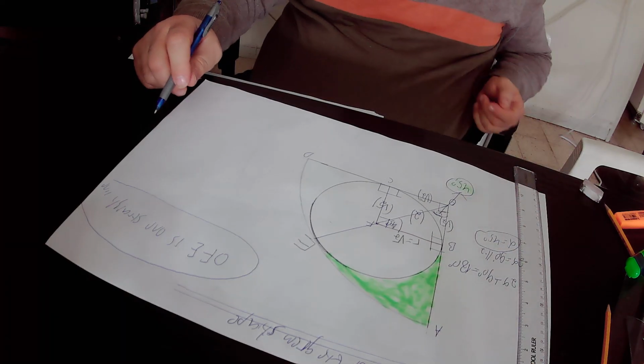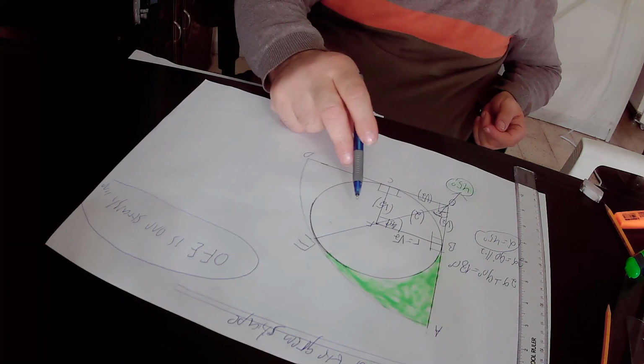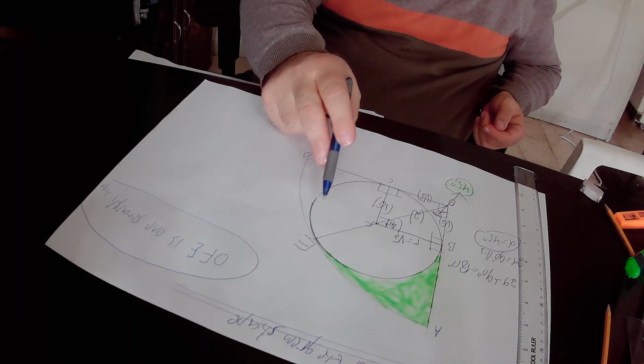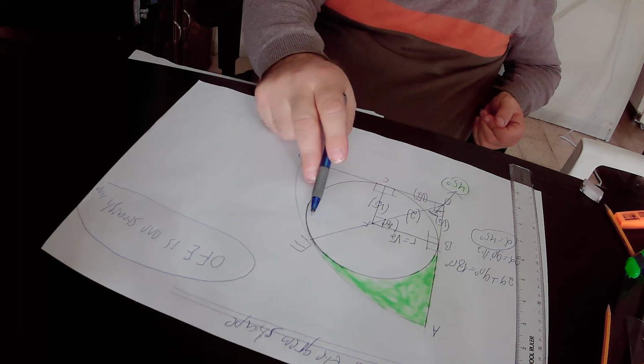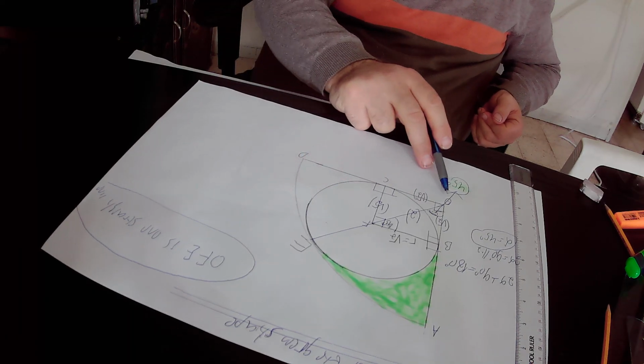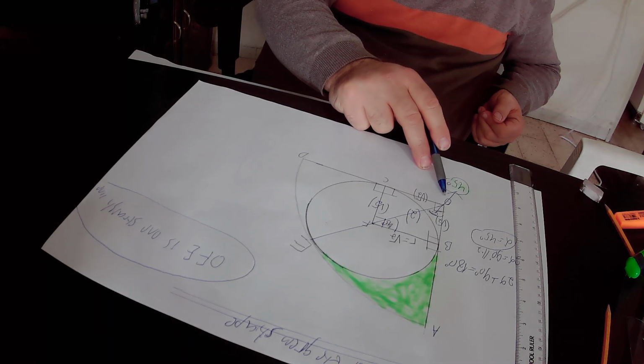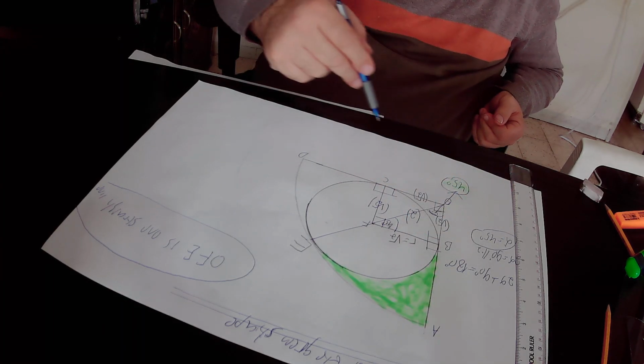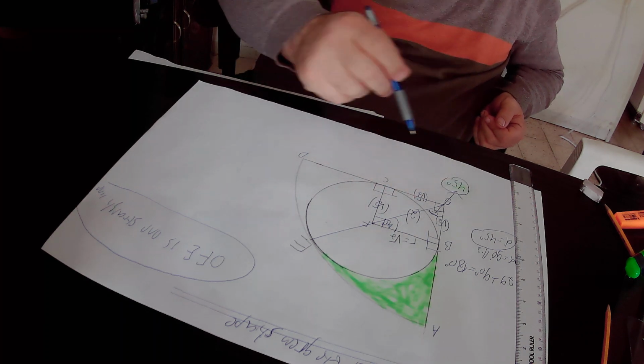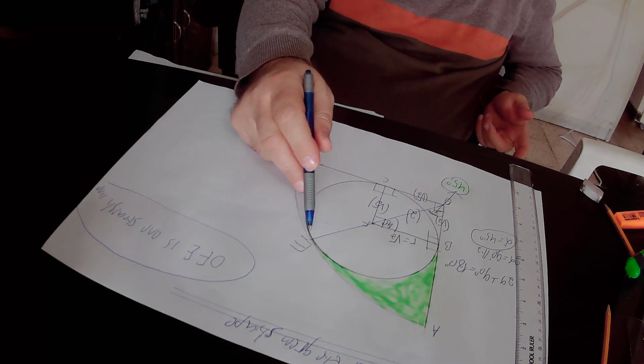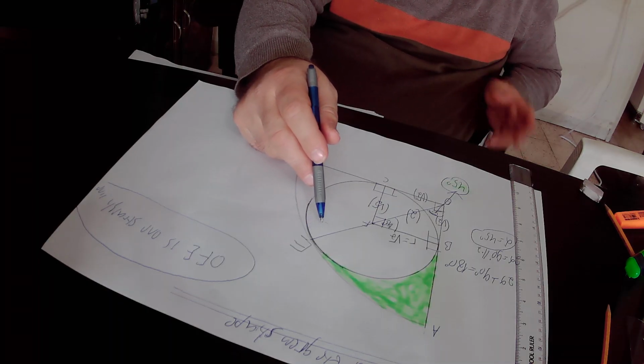But what is the other definition of line segment OFE? The straight line OFE starts from point O, that is the center of the big quarter circle and the big circle, and ends at point E, that is a point on the big circle itself. This is exactly the definition of a radius.